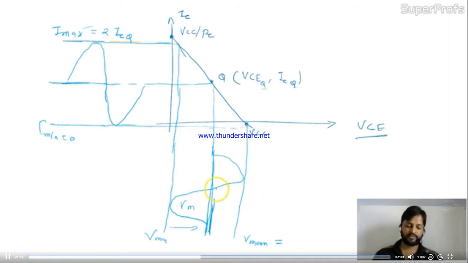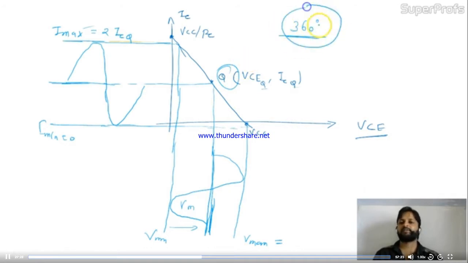No distortion we are getting over here. Is it okay? Q point will be located in the middle of the load line. Why? Because we discussed earlier, in the class A amplifier we are getting 360 degrees of the input. So definitely the Q point should be located at the middle of the load line. Okay. When the Q point deviates, there will be distortion in the circuit or in the output.